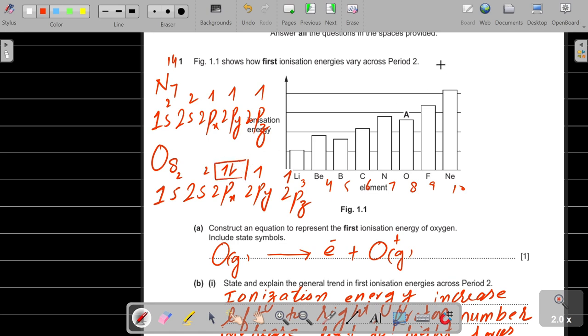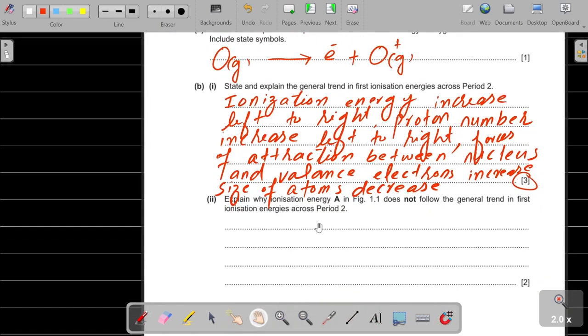When electrons spin, there is of course a magnetic field, and now they are repelling each other. It is the reason that at this point a low amount of ionization energy is required. But in nitrogen there is no inner electron repulsion, so more energy is required in this case, and here less energy is required. Okay, so we can write the answer.